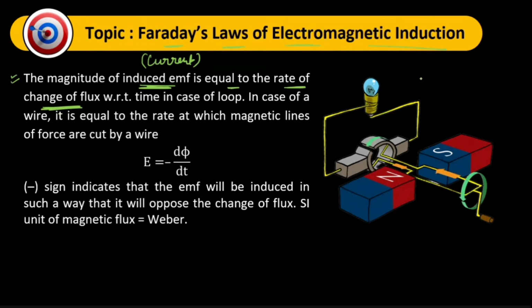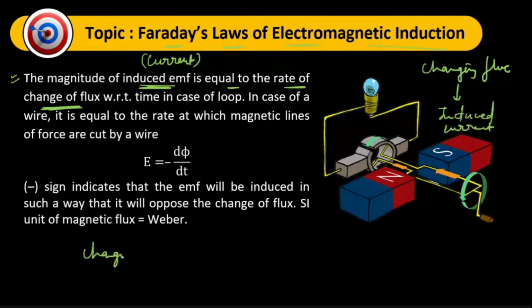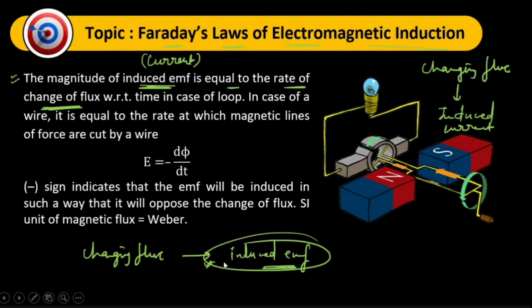Like I said, changing flux is responsible for induced current. And to be precise, changing flux is responsible for induced EMF. So whenever the flux linked with the coil changes, it is ultimately responsible for the production of EMF, and there must be some induced EMF. This is the case which actually happens in dams also.